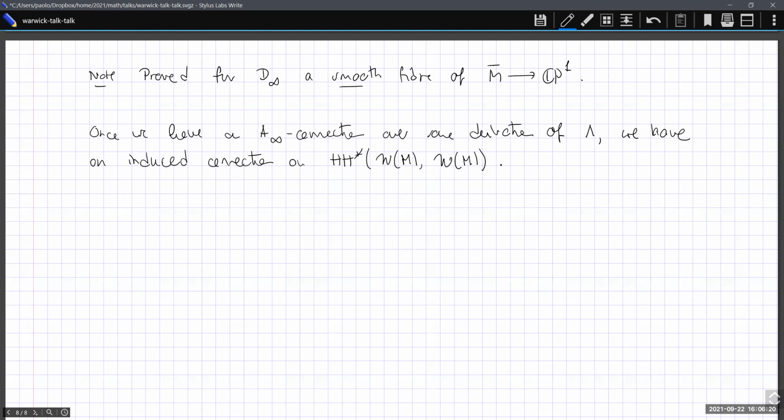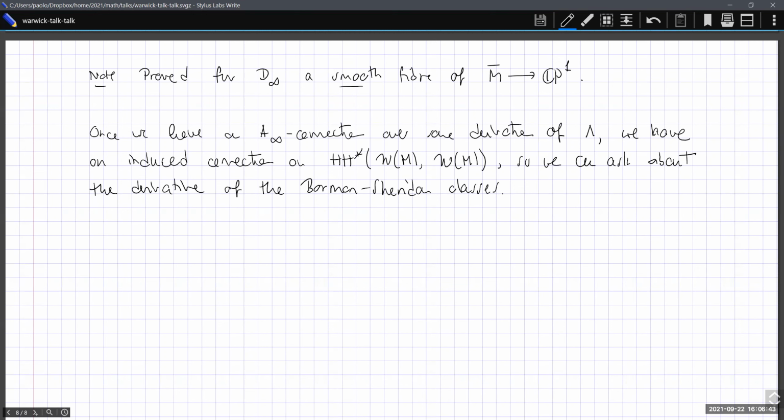Okay, so we can ask about the derivative of the Borman-Sheridan classes. Meaning what? Once you have a direction where, informally speaking, the mirror does not change, you deform in that direction in the Kähler parameter space.